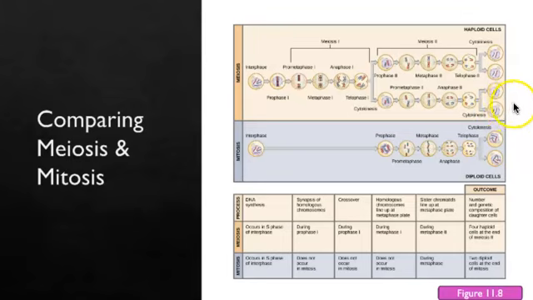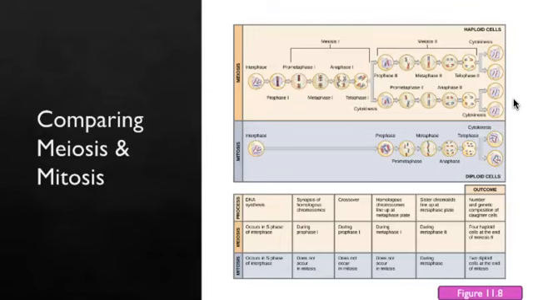Now, not to get into too much detail, but if this was in someone that had an ovary, only one of these would be the egg, and the others would be something called polar bodies that would disintegrate. Okay, but that egg would have the genetic information that we would need. So once we have a sperm cell meet an egg, if you remember from the beginning of this lecture, they will have their genetic information fuse.